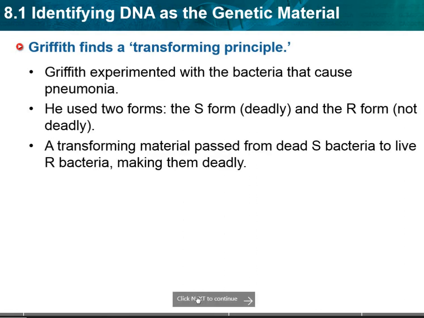And what he ended up doing is injecting the mice with these 2 strains of bacteria, and he found out that the S strain, when he would inject it in, would kill the mice immediately. And then the R strain didn't kill the mice.